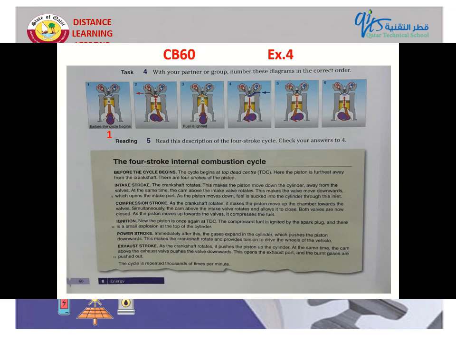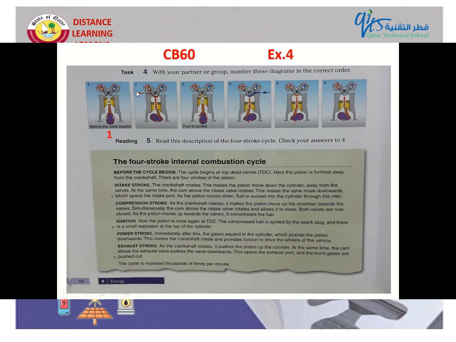Now, let's go to number two. When you read a sentence, try to eliminate options that do not satisfy the sentence. Keep reading and eliminating options until you are left with the correct diagram for the stage.